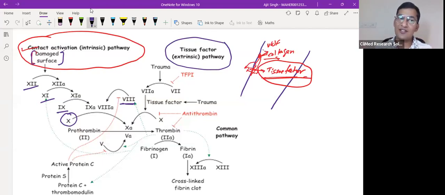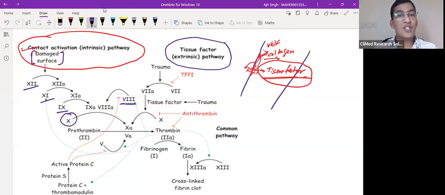All the factors which are intrinsic, or which are available internally in the blood, are nothing but 8 to 12. Okay, 8 to 12 coagulation factors, right? But the sequence is how it goes. Let's see how it goes in the intrinsic pathway that I'm talking about right now first.